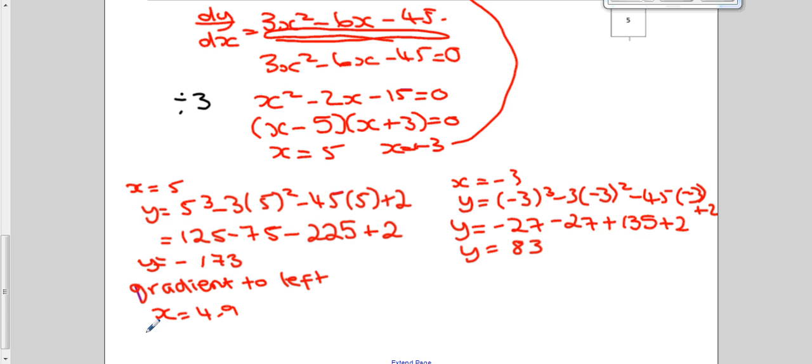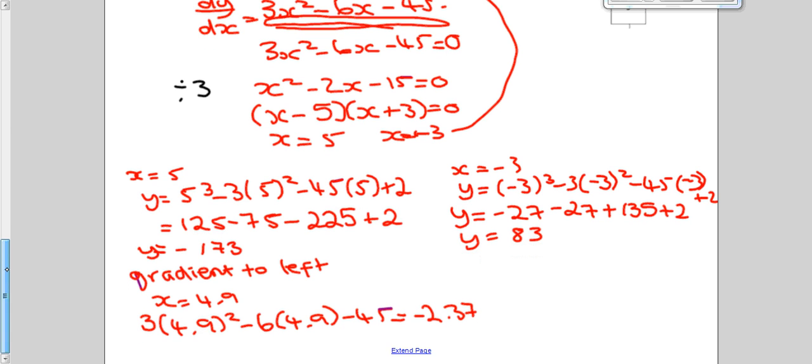So that would be 3 lots of 4.9 squared minus 6 lots of 4.9 minus 45. So this comes out at minus 2.37.